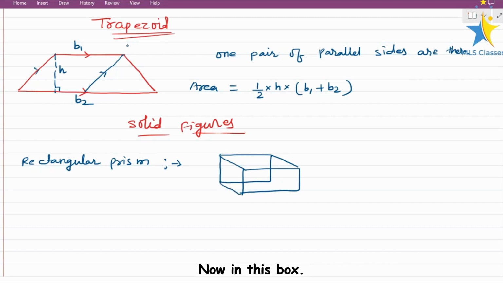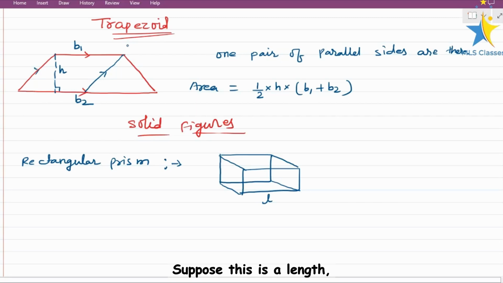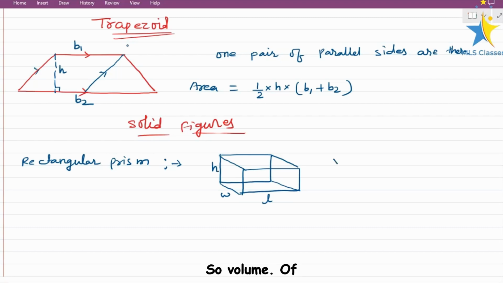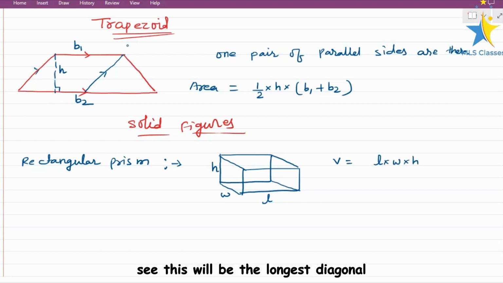Now in this box, suppose this is our length, this is width, and this is height. So the volume of a rectangular prism is given by L times W times H. Then see, this will be the longest diagonal, from this bottom corner to the top corner of the opposite side.